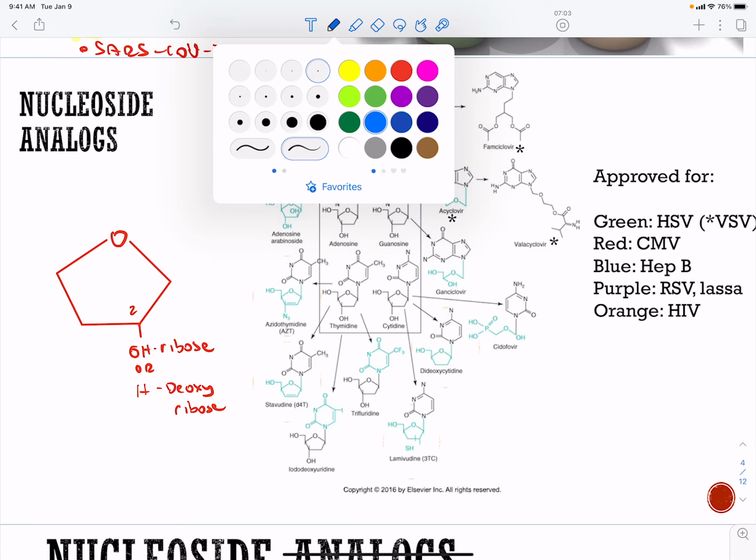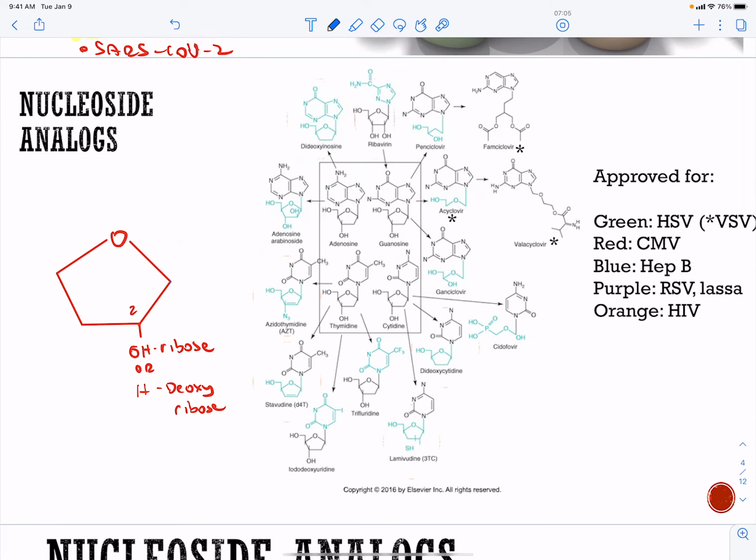I'll do that in a different color. So here's our base, and our base can be adenine, cytosine, guanine, etc. That's our bases attached there. And then we have our phosphates.